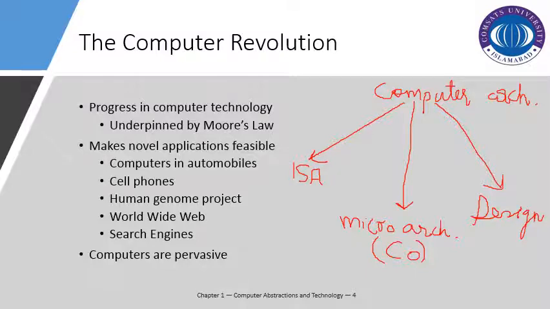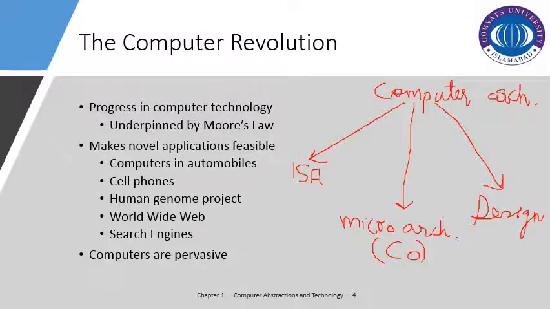So the main idea behind all the revolution is to make novel applications feasible. For example, we can see the development of automobiles and computer systems, cellular networks and mobile phones. We can see a lot of development with the introduction of Android phones, and companies like Apple.